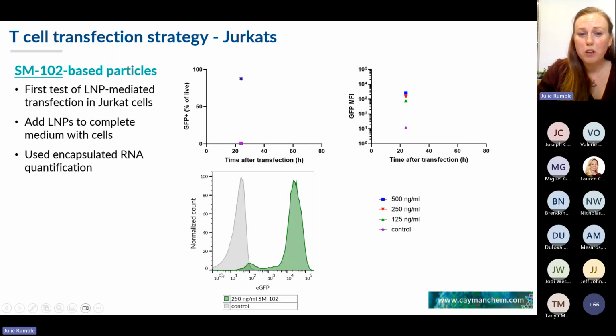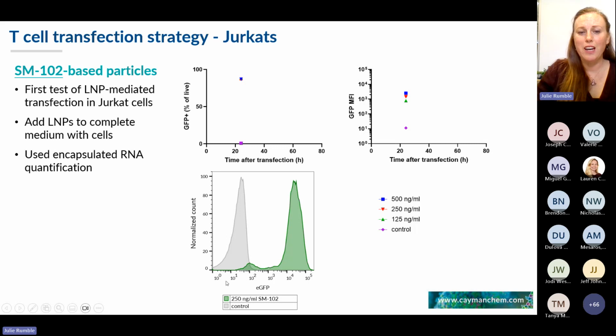I'm going to explain what a flow cytometry plot looks like because many of you may not be familiar with this kind of data. What I'm showing down here at the bottom is a histogram plot with untransfected and GFP negative cells shown using a gray histogram, and GFP positive transfected cells shown in a green histogram.